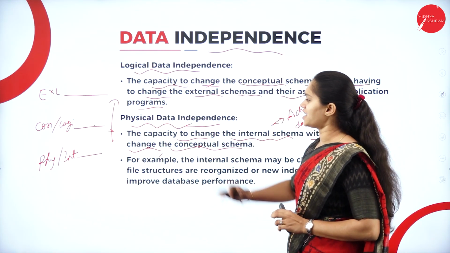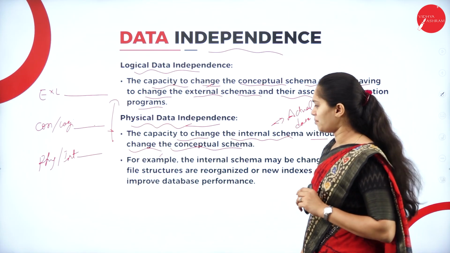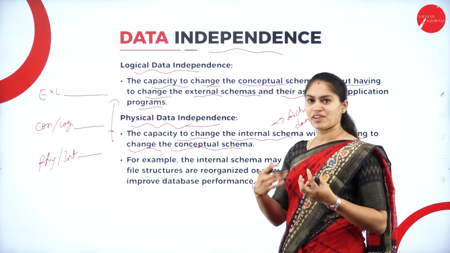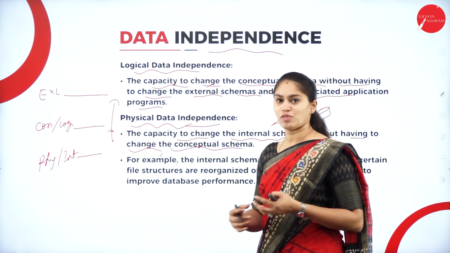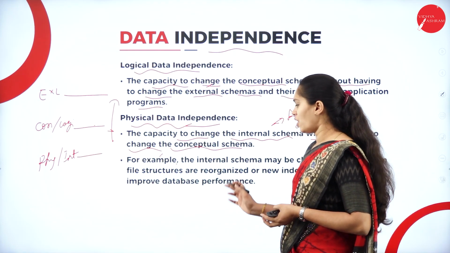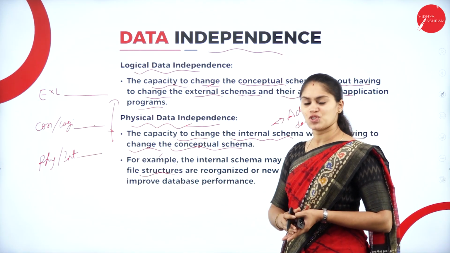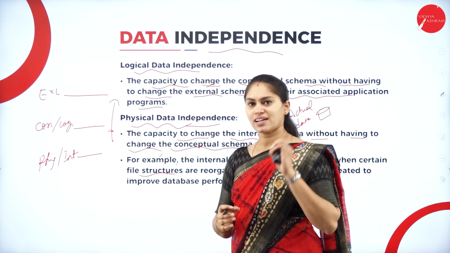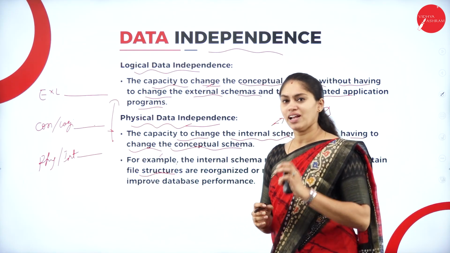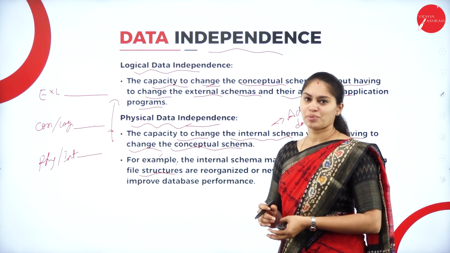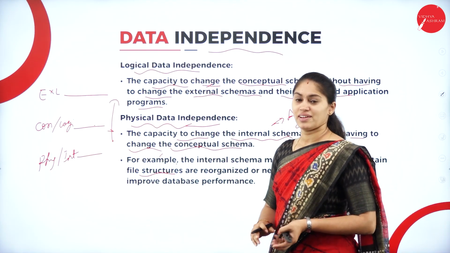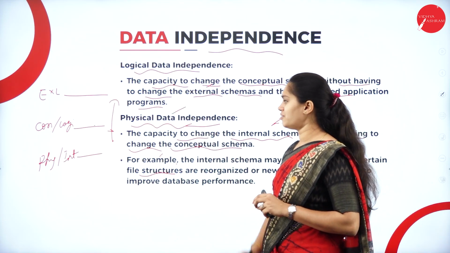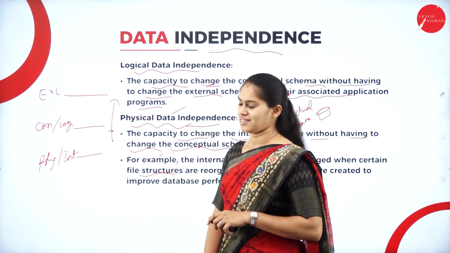That is considered physical data independence. For example, if I change the index, rearrange it again, or change the file structure, and the content of the physical level does not affect the working of the logical level, then I call that physical data independence.